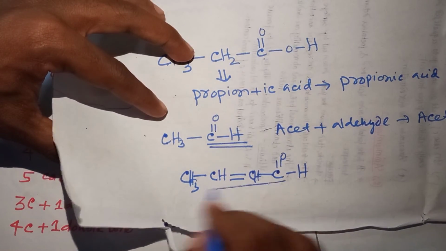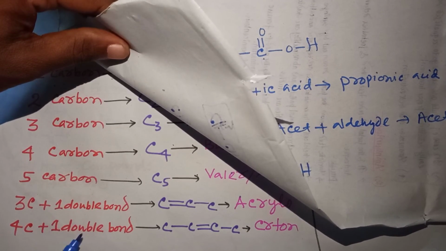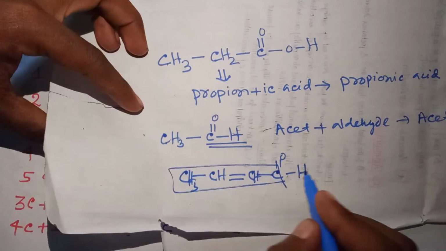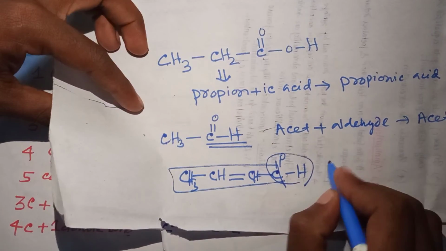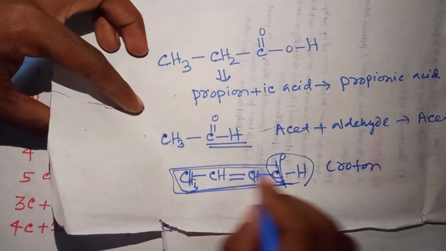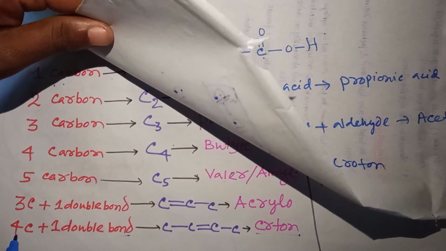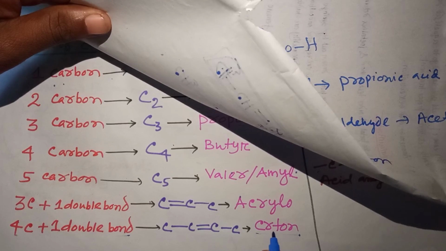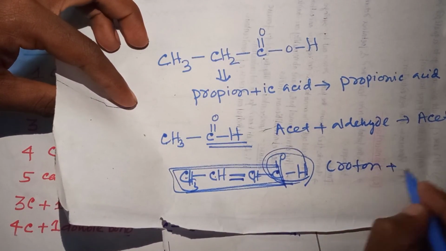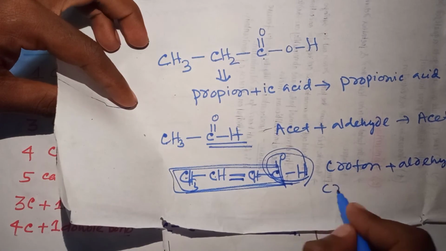You see that this system is exactly similar to the 4 carbon plus 1 double bond system, and for this we use the word croton. Why are we using croton? For a 4 carbon system plus 1 double bond, we use the word croton. And since it is an aldehyde group, we use aldehyde. So the final name will be crotonaldehyde.